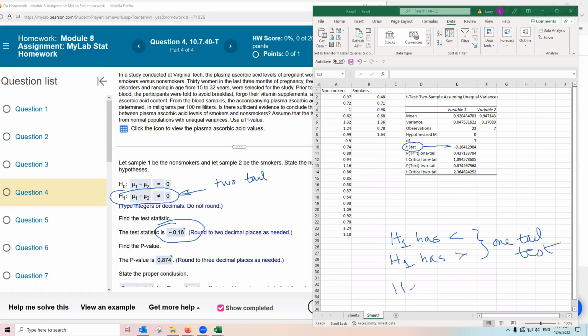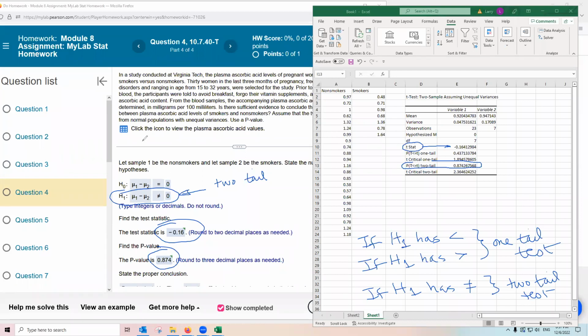But if the alternative has a not equal symbol, like in our example, we call this a two-tail test. All right, so what that means for us is we want to come over here and grab this p-value right here for 2 tail test, which is 0.874.